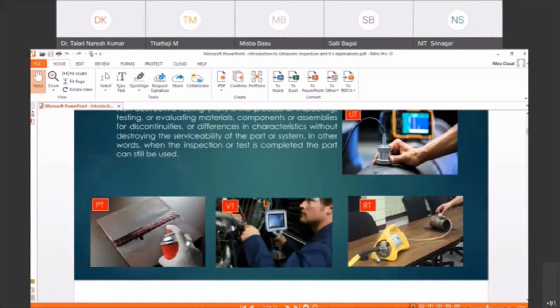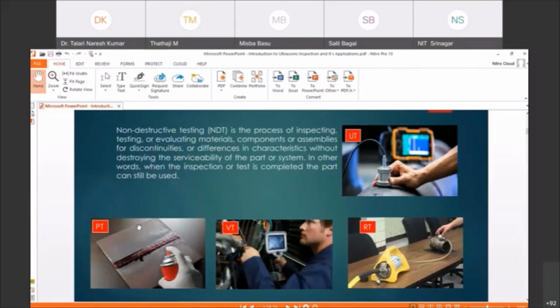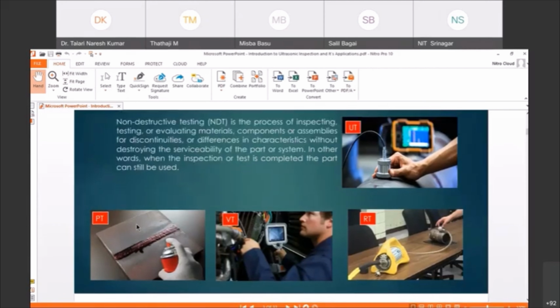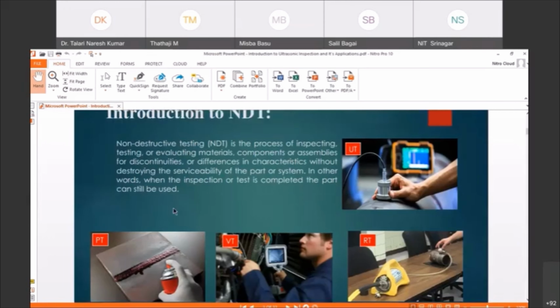So the ultimate aim is that non-destructive technique is an indirect way of measuring defects or whatever abnormalities. Accordingly, as per our requirement, if we are looking for surface indications, we will do some setup. We will see in upcoming slides what methods we use for surface inspection or internal inspection. Basically, it is a process of inspection without damaging its functional properties. That's the main motto of non-destructive testing.